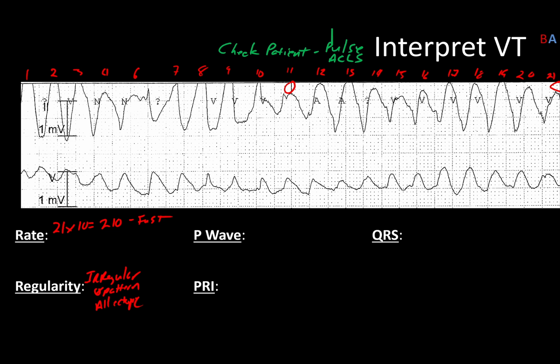Now it does undulate a little bit, that it seems to get kind of big, small for a second, bigger, small for a second, bigger. So it does have a little bit of a size change to it. In terms of P waves, there's just really not much of anything to say about that. I don't have anything in the way of PRI either.